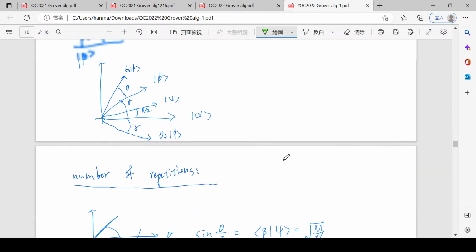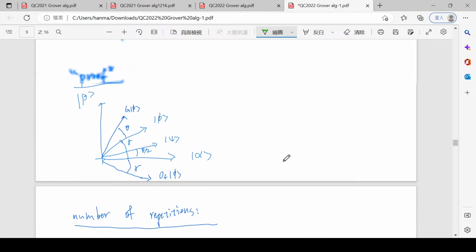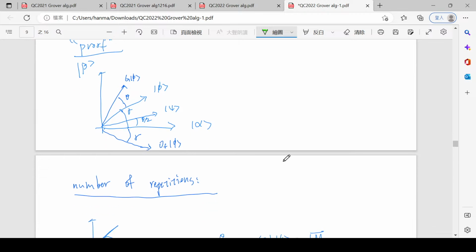And now a little more proof here. Proof about the angle thing. So here we have a proof about rotation being angle theta. So let's see. We start with some state phi here, and we do our two reflections.